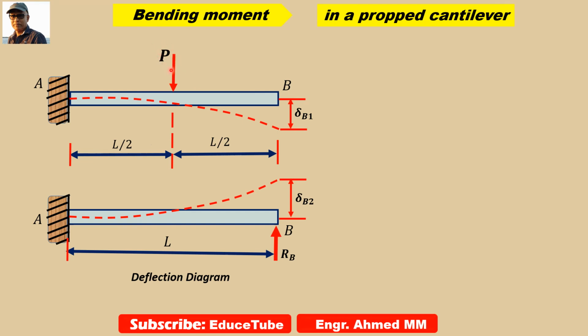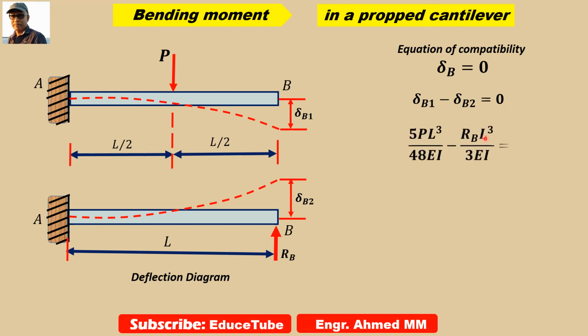For the load P which acts at the midspan, we calculated already del B1, and for these reactions we already calculated del B2. Now we have to think of the equation of compatibility, because here at this point B, del B, of course, is 0. 0 means these two, this minus this, must be equal to 0.